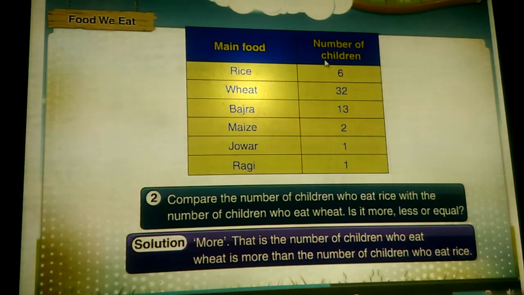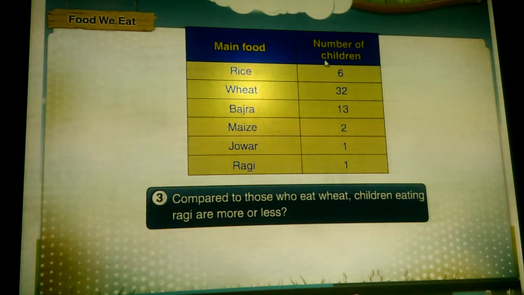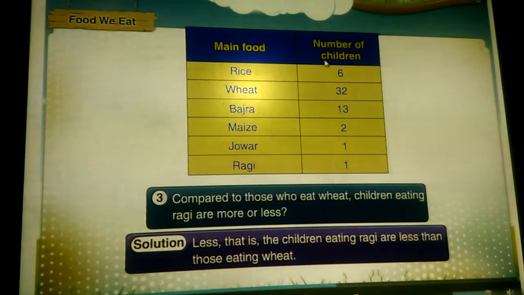That is, the number of children who eat wheat is more than the number of children who eat rice. 3. Compared to those who eat wheat, children eating ragi are more or less? Solution. Less. That is, the children eating ragi are less than those eating wheat.